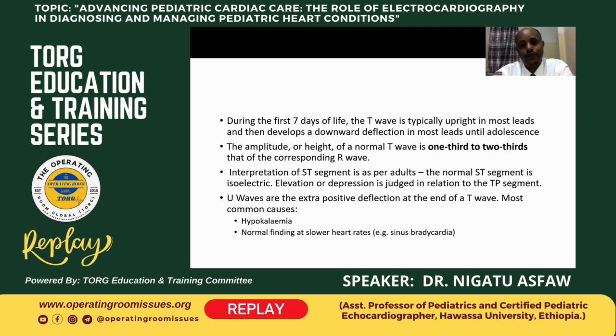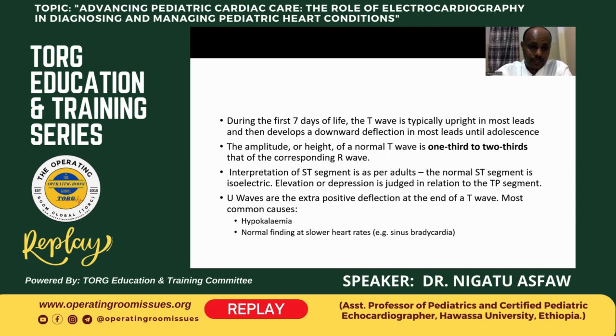The amplitude of the T wave is usually between 1/3 to 2/3 of the corresponding R wave. The interpretation of the ST segment is similar to adults, so it depends on comparison between the TP segment and the ST segment, so we can determine if there is elevation or depression.